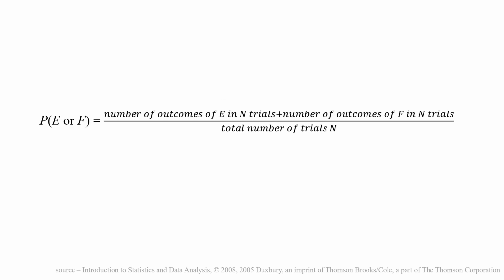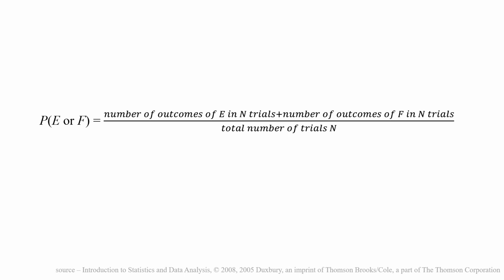That being the case, the definition of probability involving two disjoint events E and F using the relative frequency approach shall be probability of E or F equals the number of outcomes of E in n trials plus the number of outcomes of F in n trials, divided by the total number of trials n, with n being a very large number.